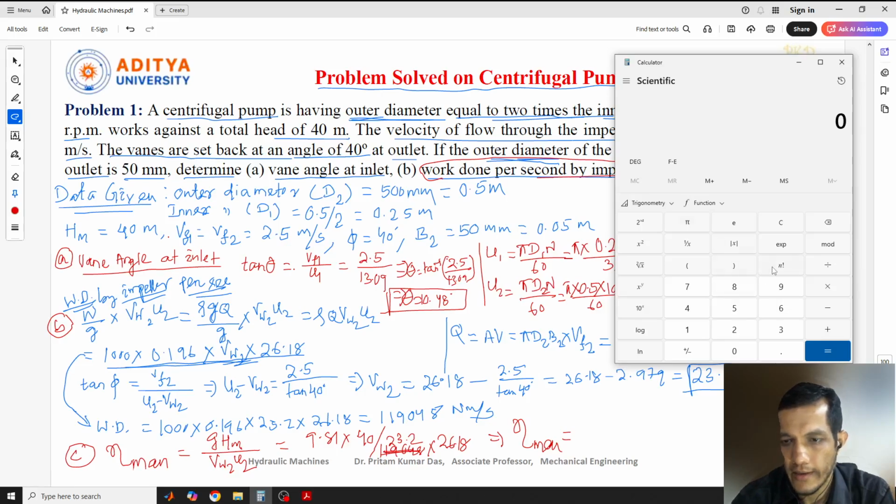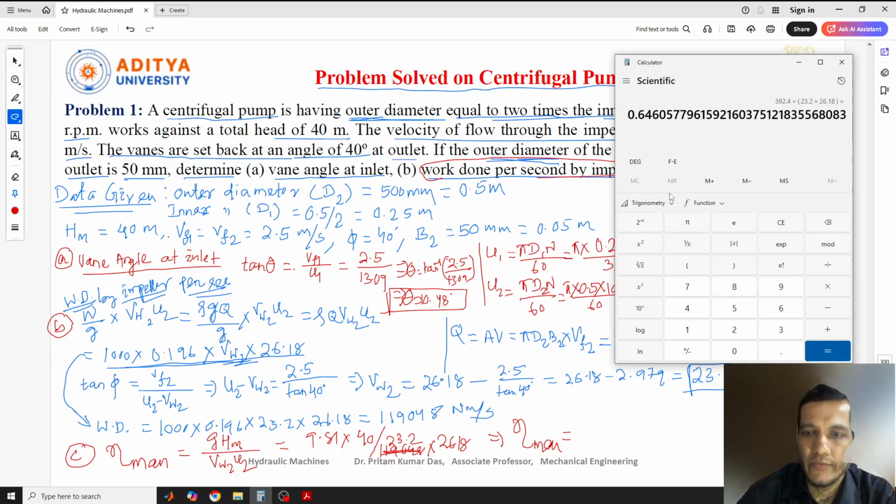So again, I'll write 9.81 multiply 40 and divided by bracket start 23.2 multiply 26.18 bracket close. We get 0.646. So now we got the efficiency value.